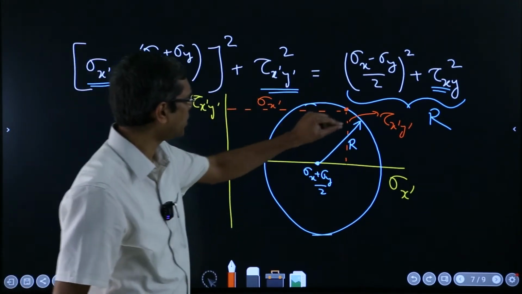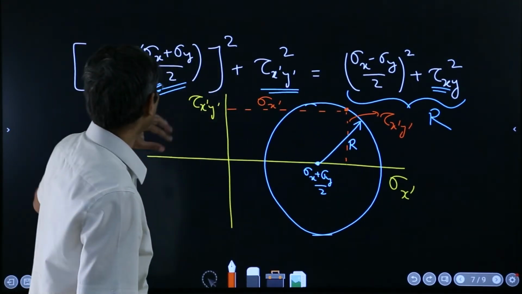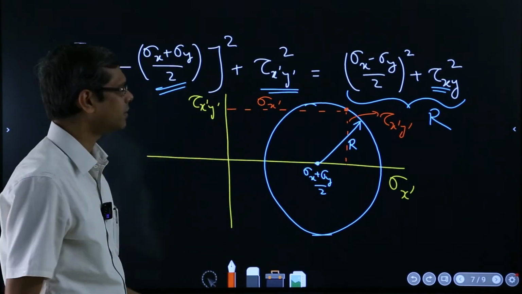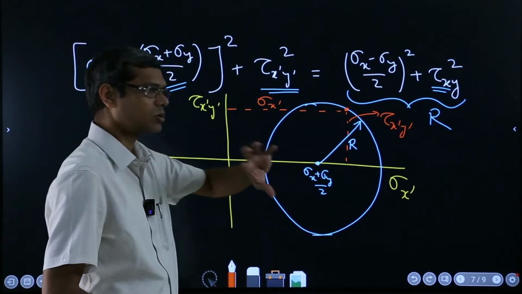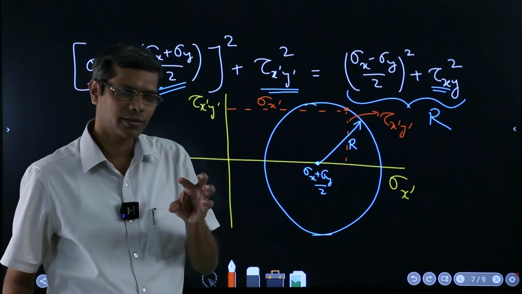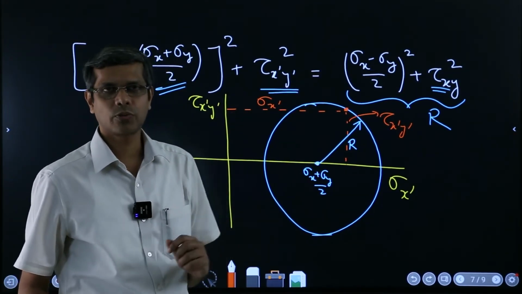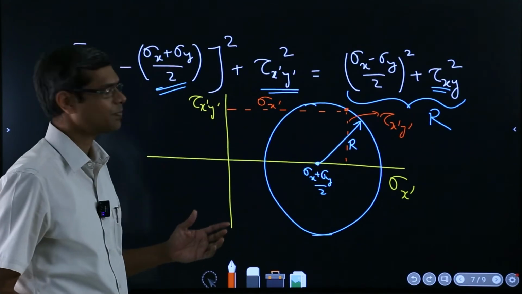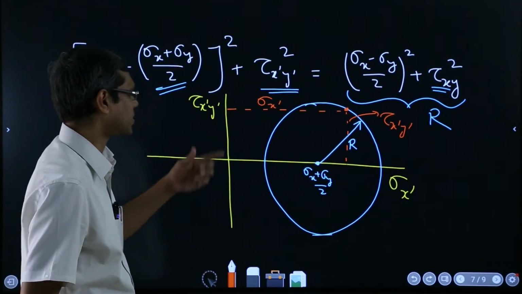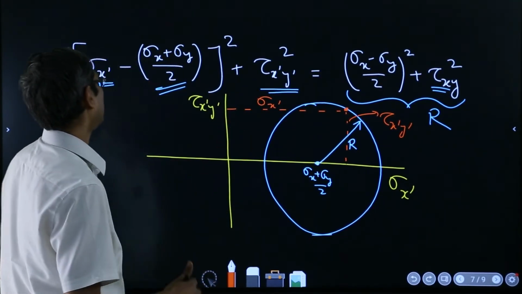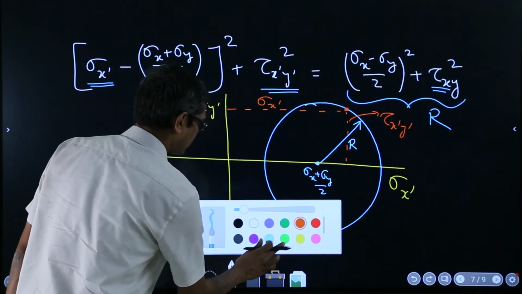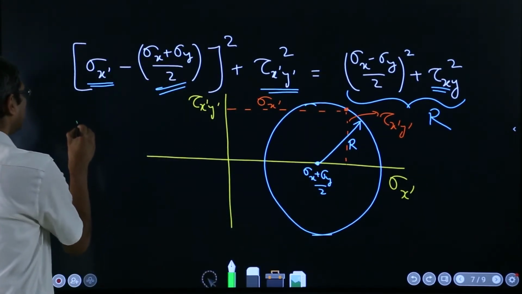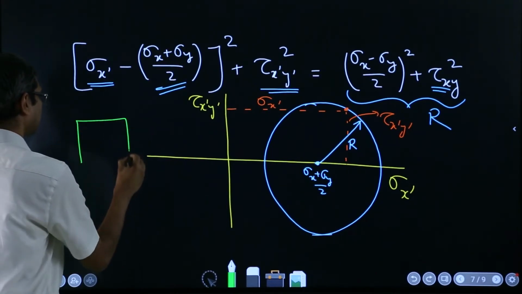So every point on this circle corresponds to some angle or some rotated elemental square on which we are seeing the stresses.